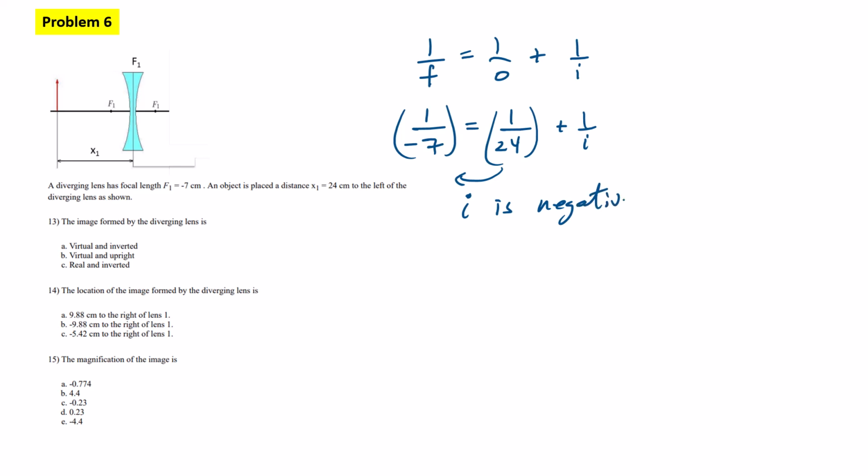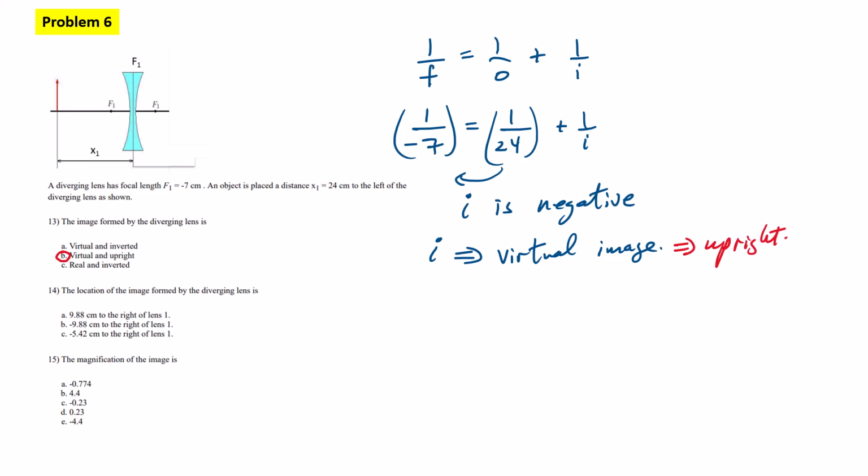There is no way for me to solve this and obtain a positive value of I. If I is negative, it means that this image has to be a virtual image. And guess what we know about virtual images? Virtual images are always upright. So that is a straightforward case. Choice B is the correct answer.